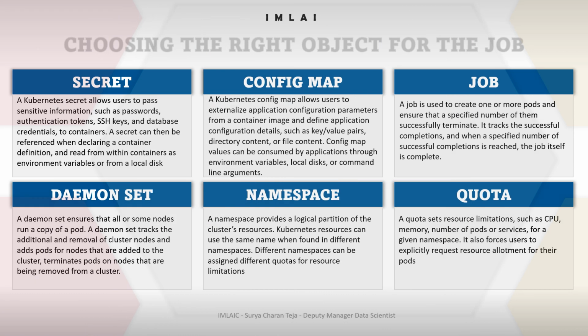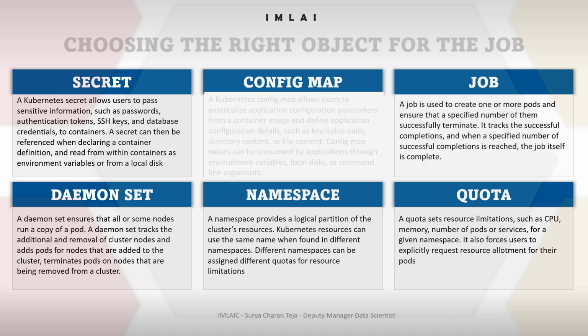First, secret. A Kubernetes secret allows users to pass sensitive information such as passwords, authentication tokens, SSH keys, and database credentials to containers. A secret can then be referenced when declaring a container definition and read from within containers as environment variables or from local disk.